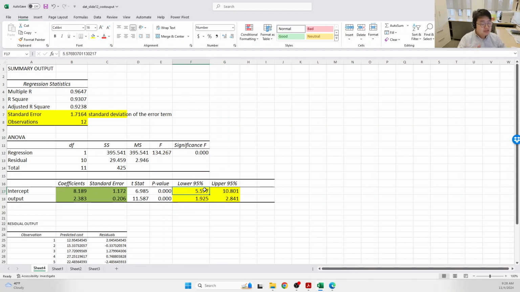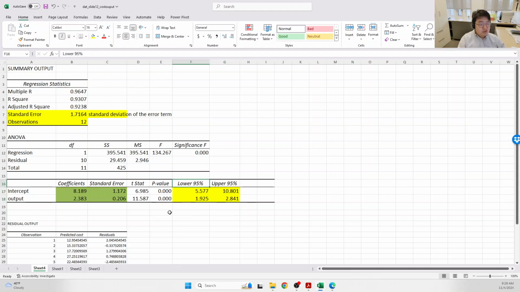I don't know where it is, but with 95% confidence, it's somewhere in between. And the marginal cost is between 1.9 and 2.8 with 95% confidence level, right? So if you prefer interval estimation, you may use that.